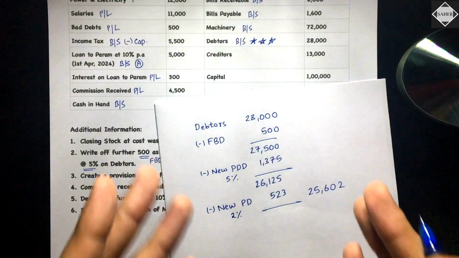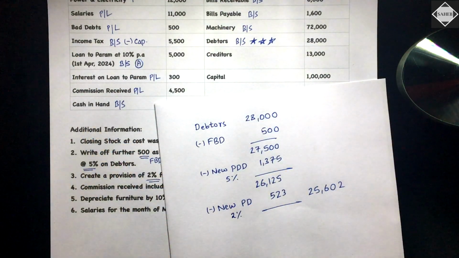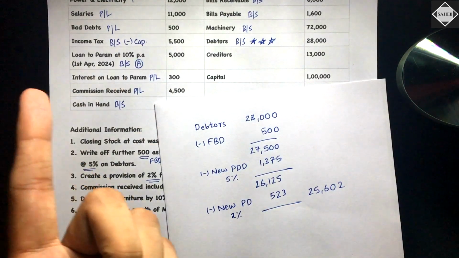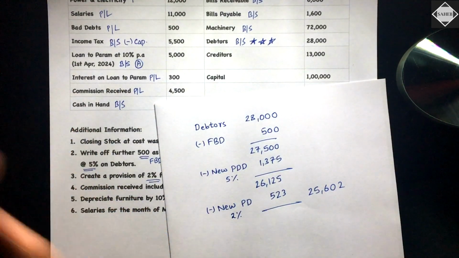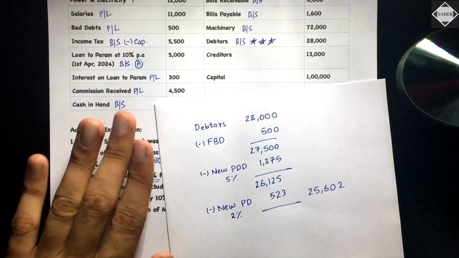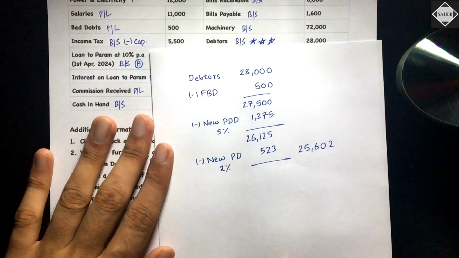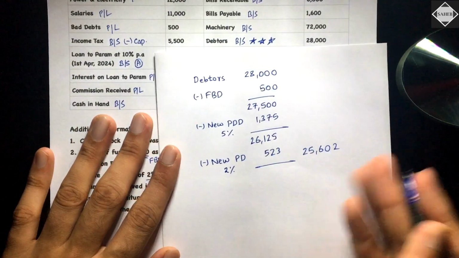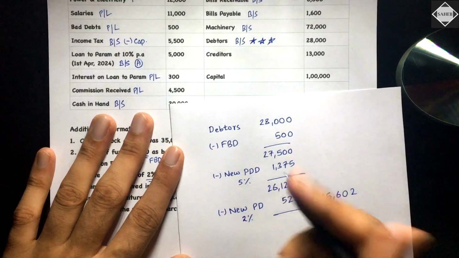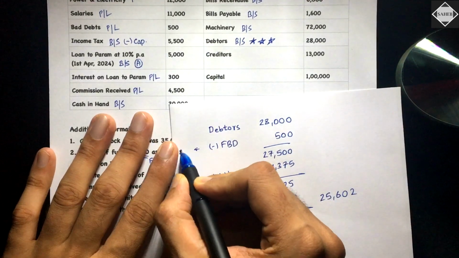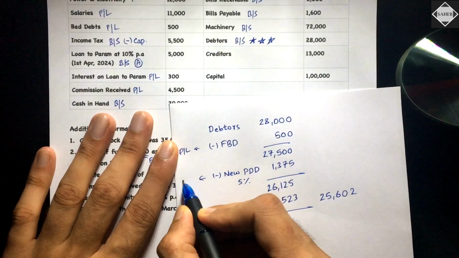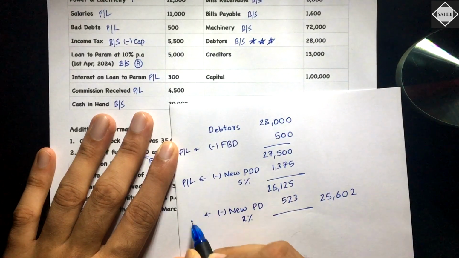Why did we do this in working note right now, like in rough? Because we want to know how much will hit profit and loss. So how that will happen, let me just show you. We are making use of a shortcut. You all know, right? Previously what used to happen? Separately this used to go to P&L, this used to go to P&L, this used to go to P&L.